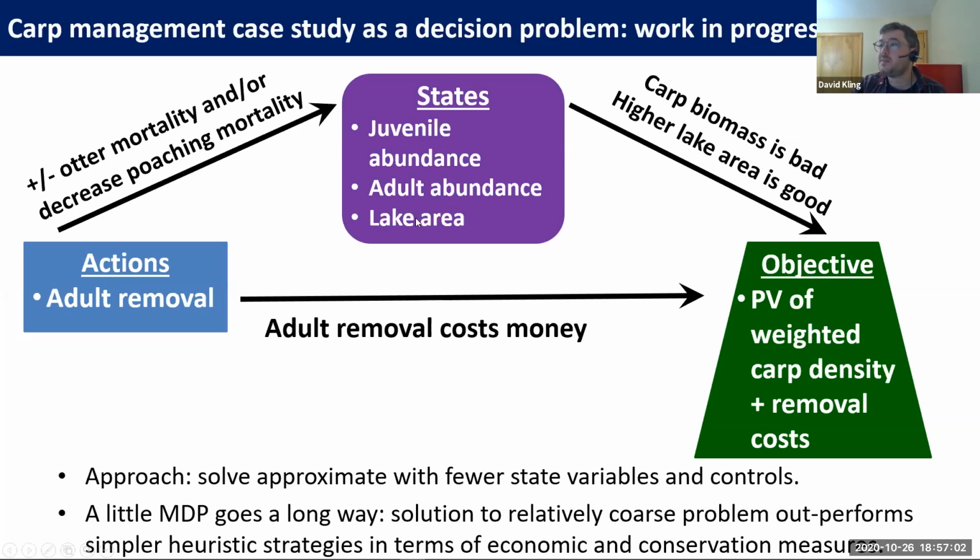I kept 3 state variables: juvenile abundance, adult abundance, and lake area, and carp biomass, and so I'm tracking all 3 state variables in this model I'm working on. Carp biomass is bad for reasons I'll describe in a minute, and higher lake area is good, conditional on carp biomass. But of course, I talked about that difficult feedback between lake area and carp reproduction.